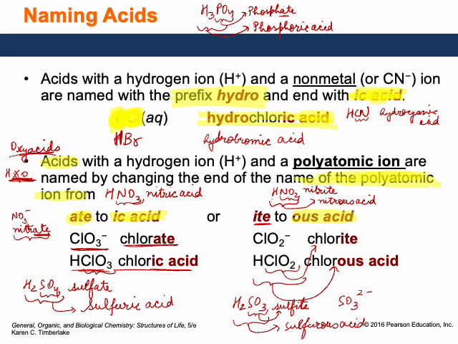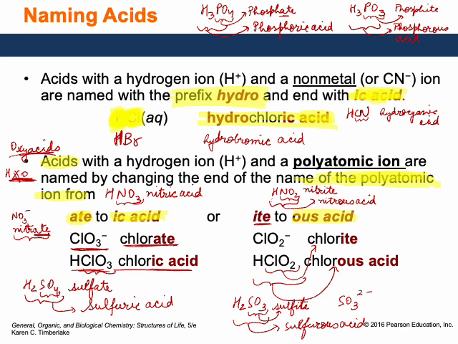Okay, next if we talk about H3PO3, this is also coming from, what is this ion called? This is called phosphite. So the name of the acid would become phosphorous acid.